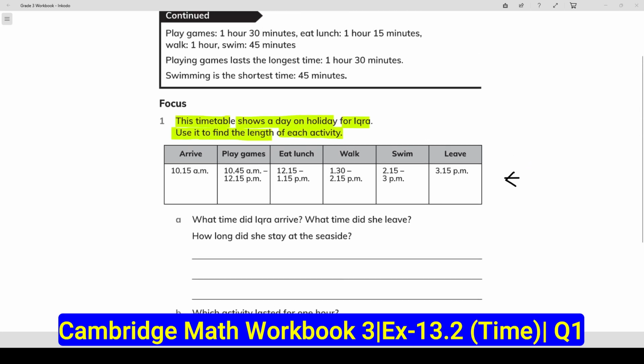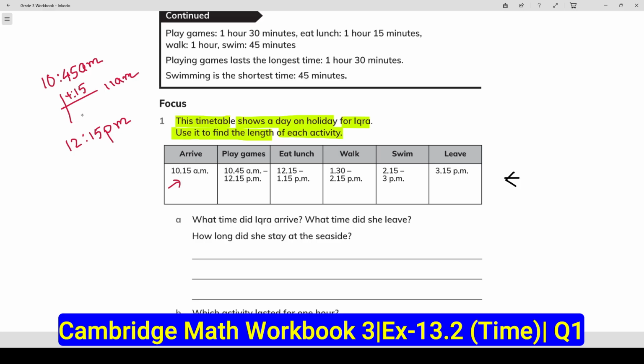Let's get started. First, we have to denote how much time she will stay in each segment. First, arrive 10:15 a.m. Play games 10:45 a.m. to 12:15 p.m. So how much time is that? From 10:45, if we add 15 minutes, it will be 11, right?